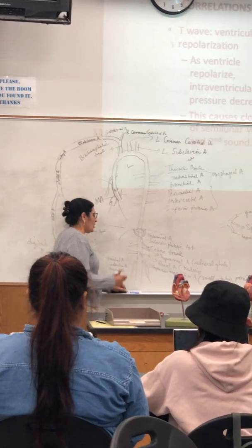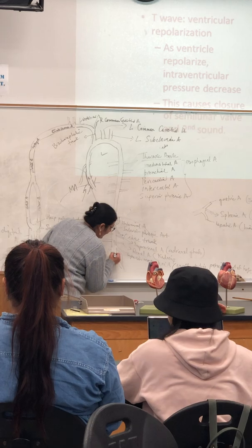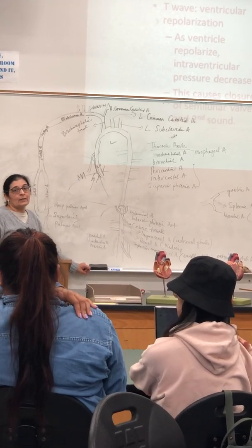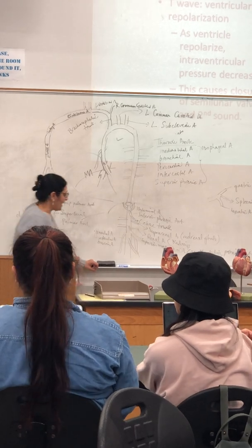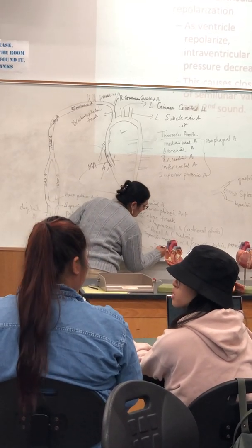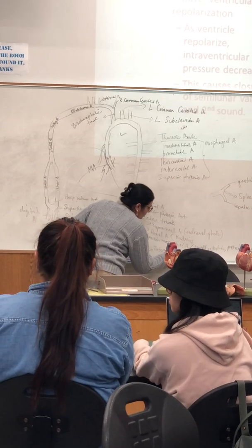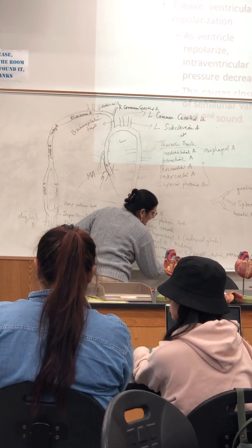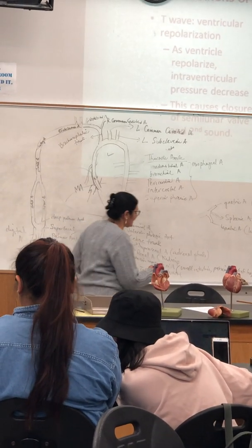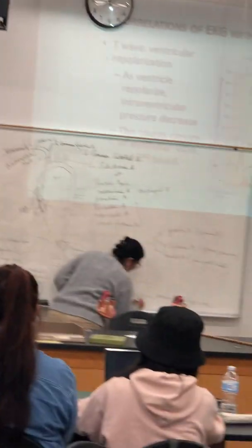So then you have another artery that splits again from the aorta, a single artery, and this is known as the inferior mesenteric artery, and this is supplying blood to the distal region of the large intestine.